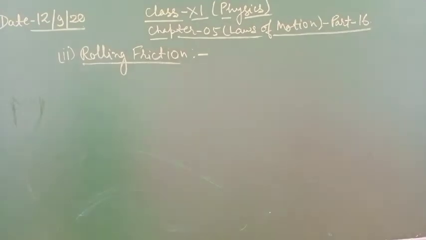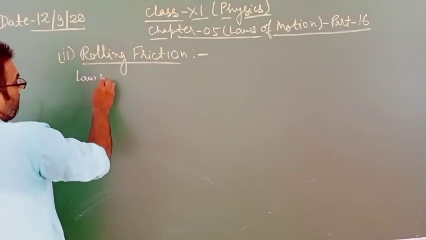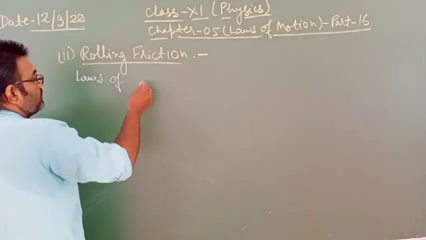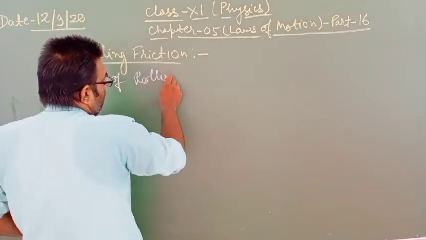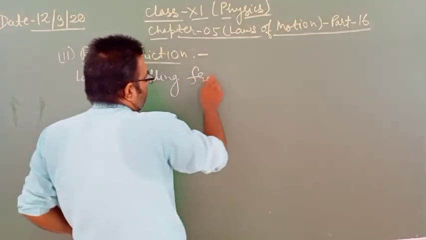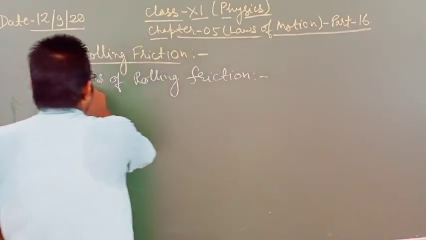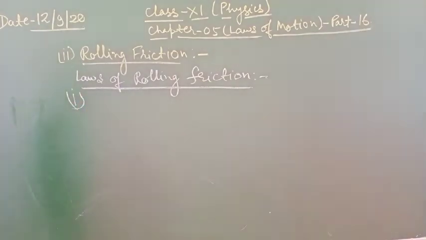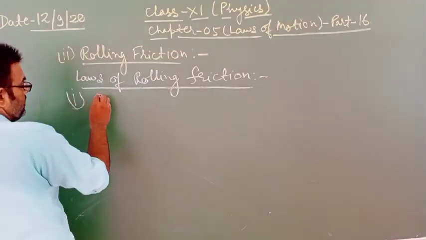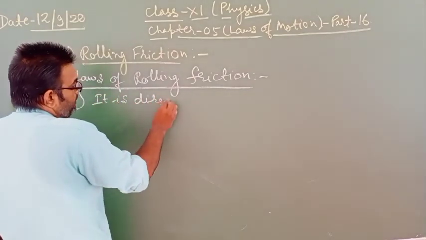Dear students, now we will discuss the laws of rolling friction. The first law of rolling friction is similar to that in the case of limiting friction or kinetic friction.